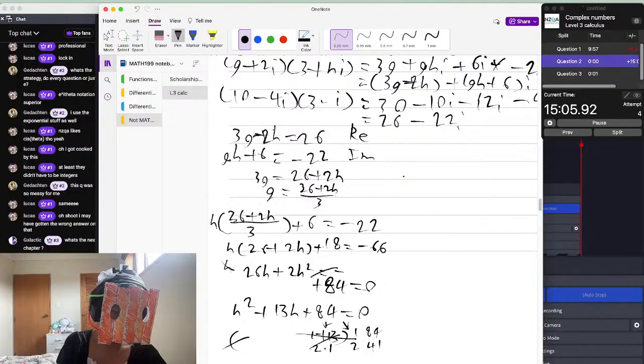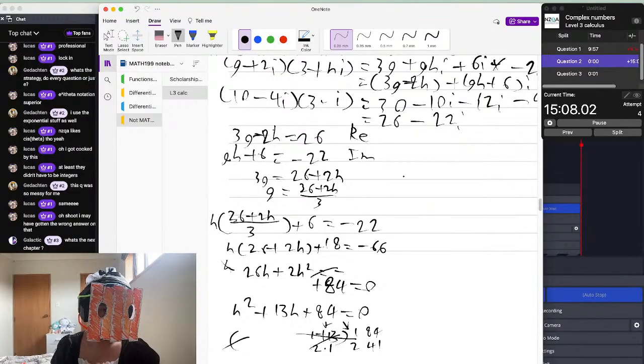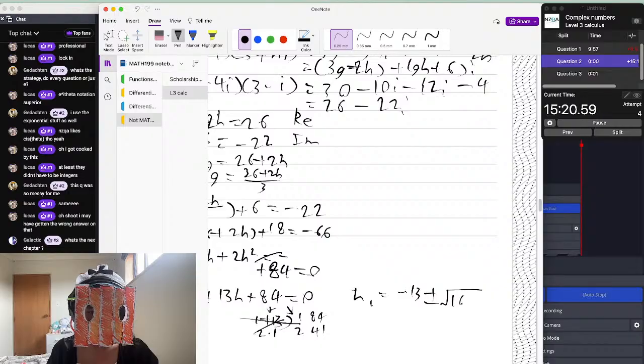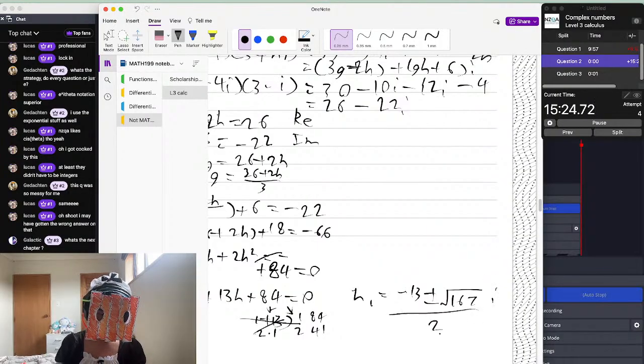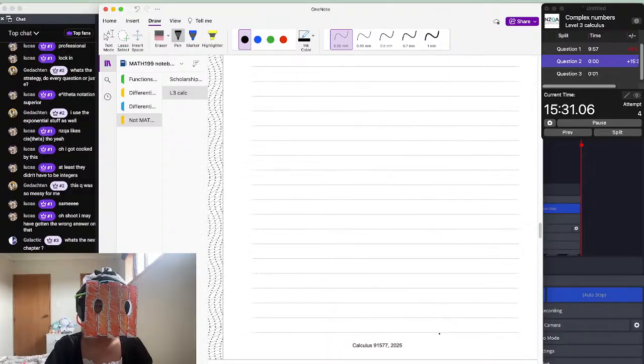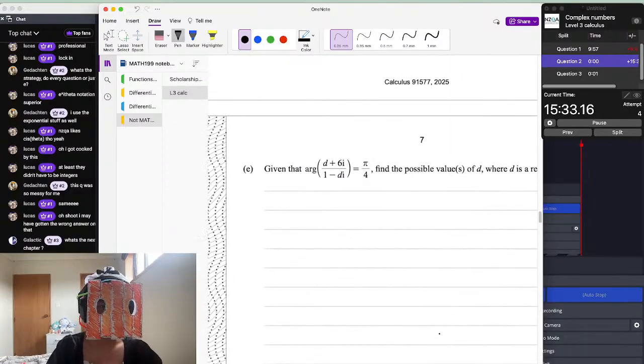That is correct. Because in here it says that h equals minus 13 plus or minus 167i over 2. Well, it's a mirror question. We can just ignore it. We'll come back to it later.